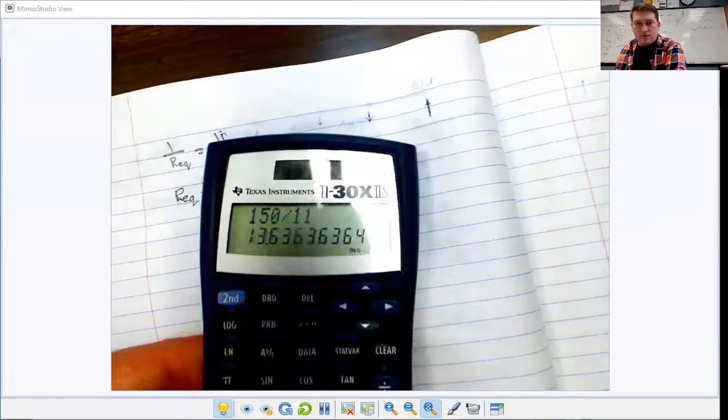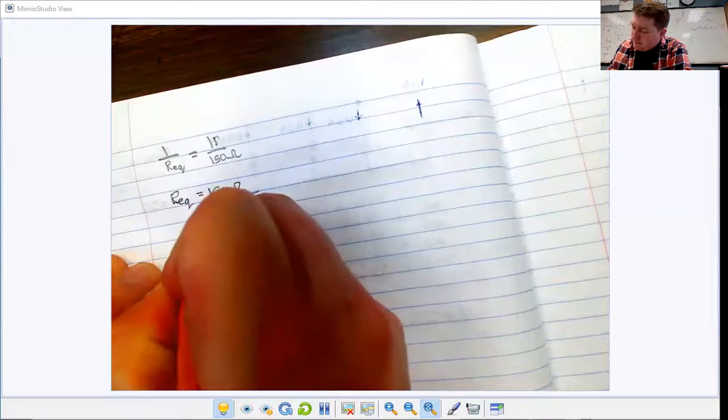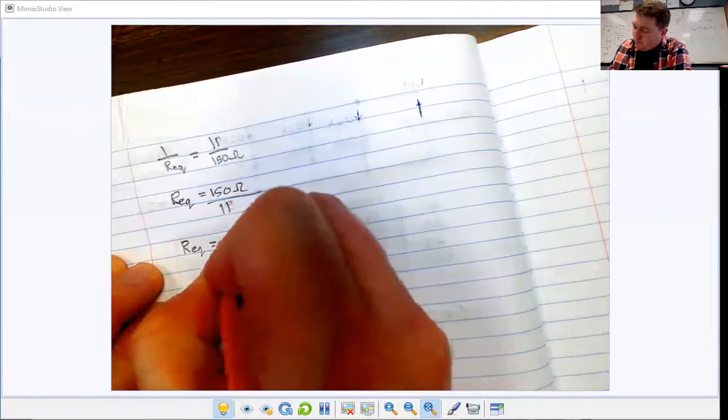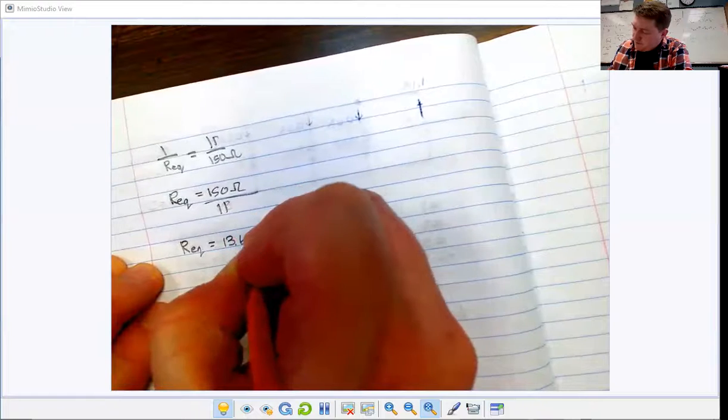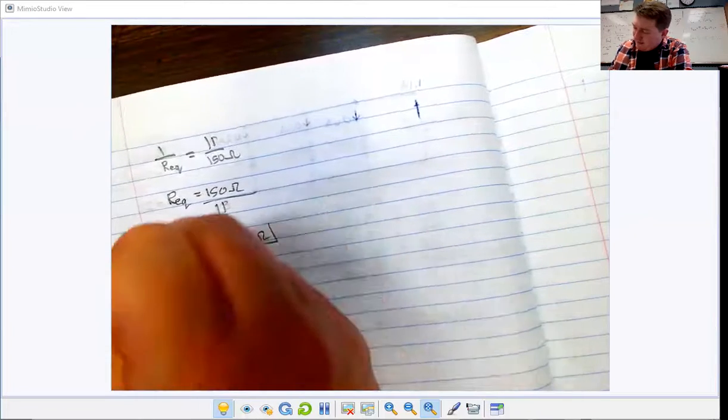On my calculator, we get 13.63. Same answer. This was how we solved a parallel circuit.